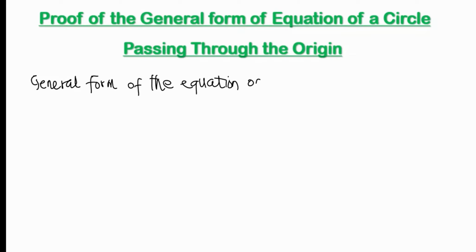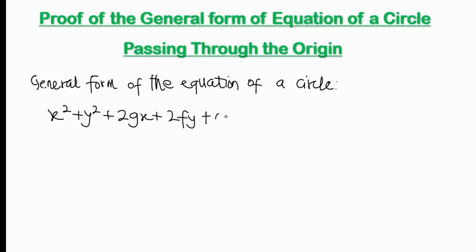Let's write here the general form of the equation of a circle, and we know that it gives us X squared plus Y squared plus 2gx plus 2fy plus c is equal to 0. And this is the general form of the equation of a circle.